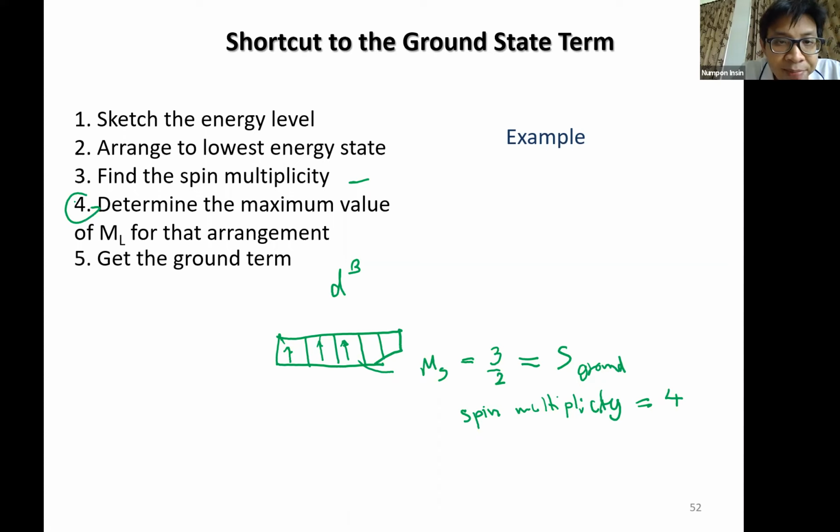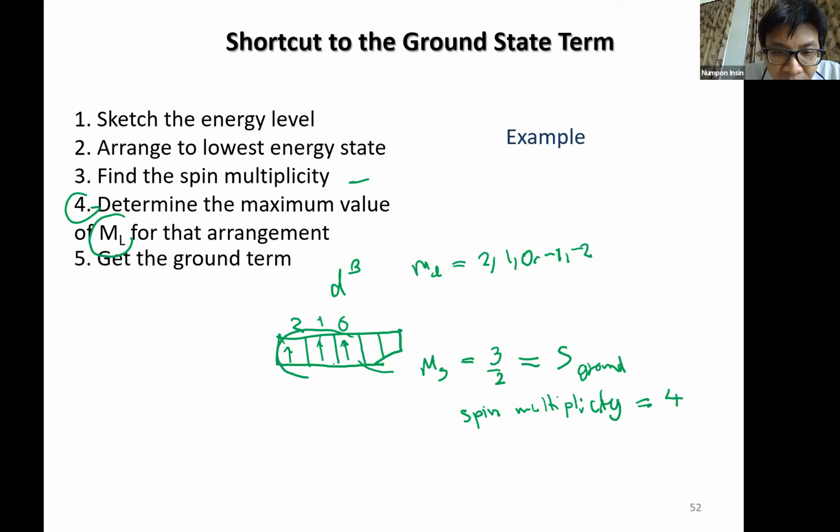Number 4, determine the maximum value of ML. Okay, the maximum value of ML for this arrangement. How can I get the maximum value? I know that ML can range from 2, 1, 0, minus 1, minus 2. If I want to get the highest number, it means I have to put electrons in 2, 1 and 0.